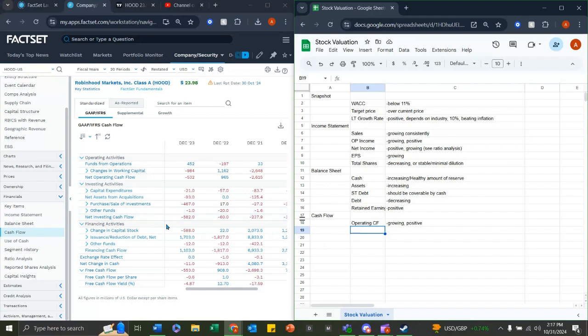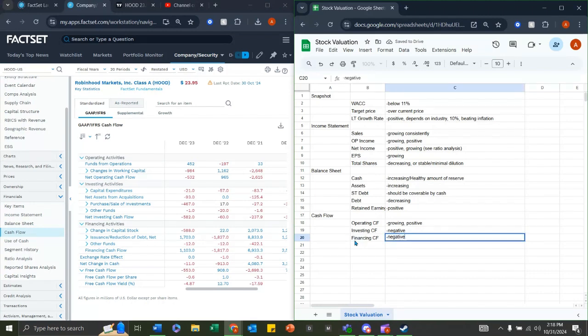Now, financing cash flow, I would like to see, you know what? No, I will put it in there. Investing CF negative. Okay. Financing CF: you do not want financing cash flow to be positive. You want it to be negative. That means they're repurchasing stock, paying off debt, and doing other things, which Robinhood has not done.